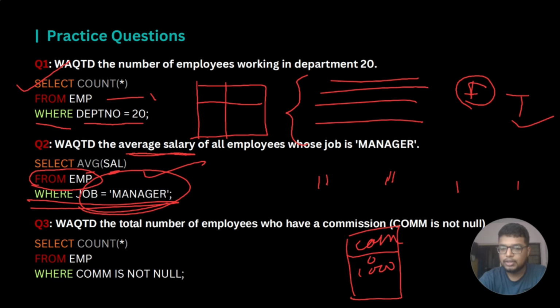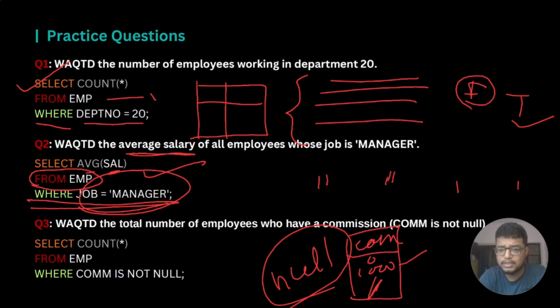The person who is getting 0 is not getting anything, and this person is getting 1000 rupees. But in the rest of the employees' places, it is neither 0 nor nothing. This means it is null. It is not 0.